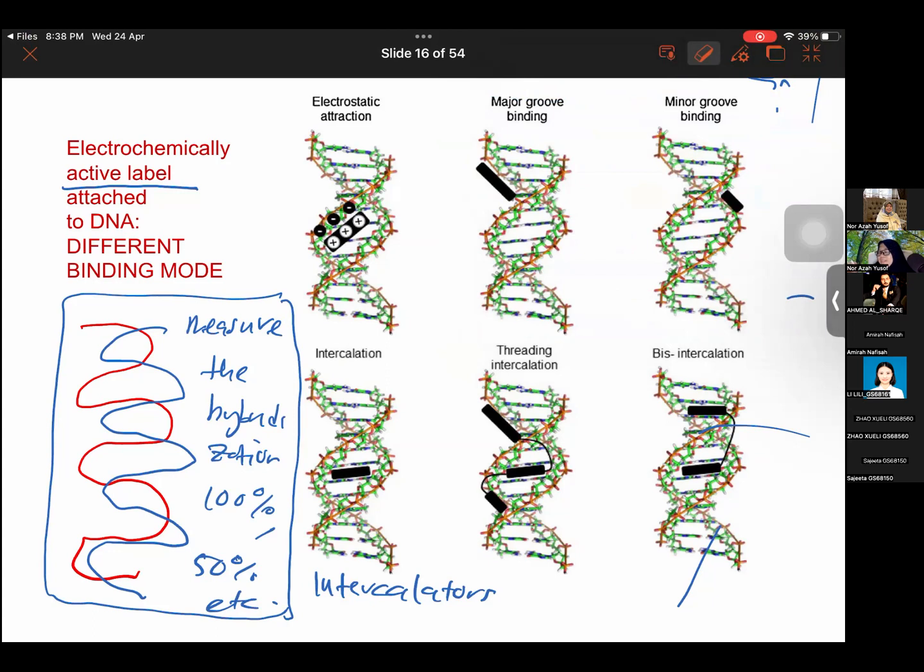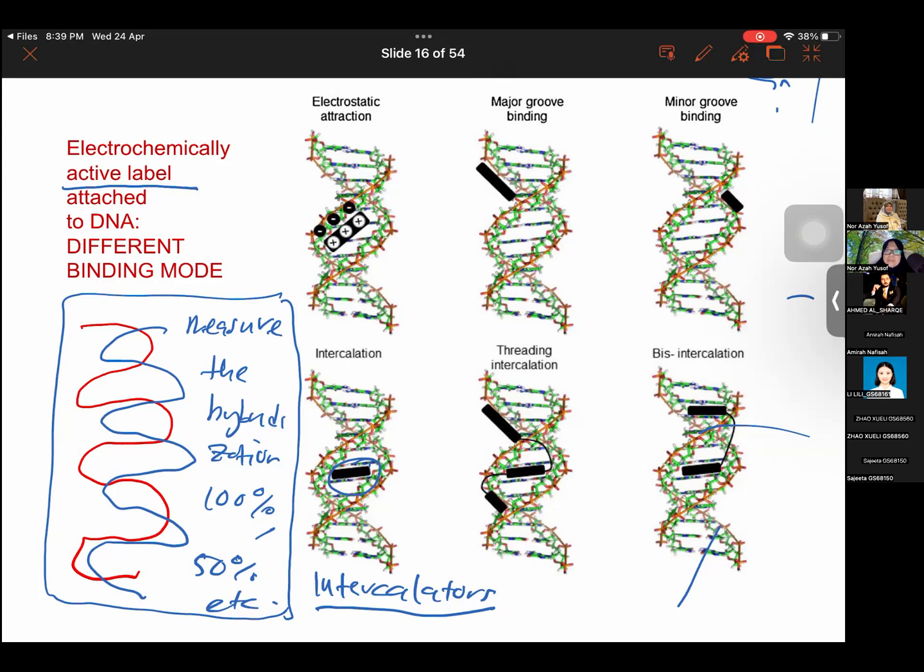Okay, it's basic. Now, the other indicator that is suitable for hybridization is what we call intercalators. So just now was groove binders, now intercalators. Intercalators intercalate inside the double helix structure of the DNA once it is hybridized.